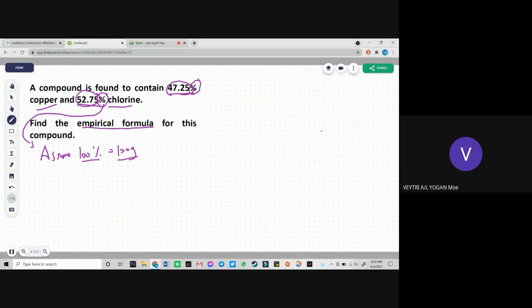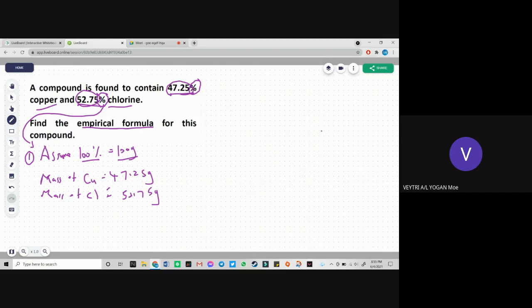That is step number 1. Without this, zero marks guys. Okay. Number 2, you write down again. Mass of copper, Cu, is 47.25 gram. And then mass of chlorine, Cl, equals to 52.75 gram. Okay, these are the two things.